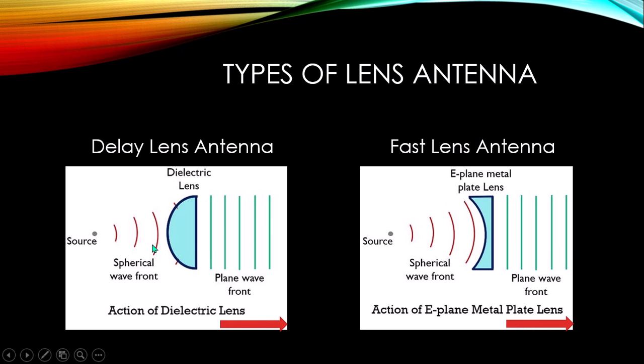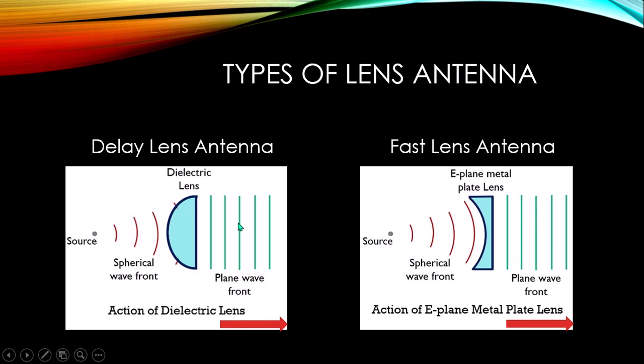As you can see here in the figure, from the source the wave goes to the dielectric lens through the medium of the lens, but it is slower. That's why it is called a delay lens antenna, because the spherical wave front is traveling at a slower speed into the dielectric lens.